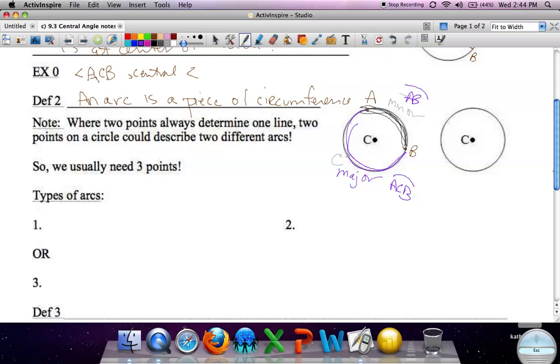Okay, so the 3 types of arcs. One type is a major arc. A major arc is more than 180 degrees.